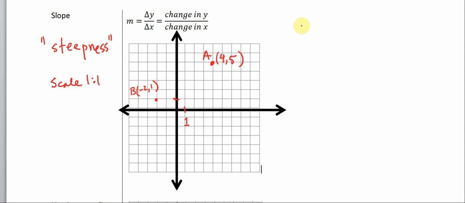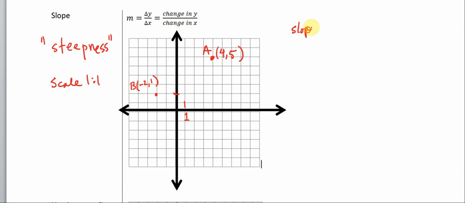We can find the slope of line segment AB by taking the change in y. Another way that we usually abbreviate this is (y1 minus y2) divided by (x1 minus x2). It's the ratio of the differences of the y and x coordinates.